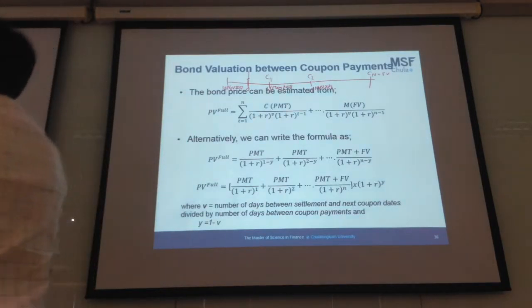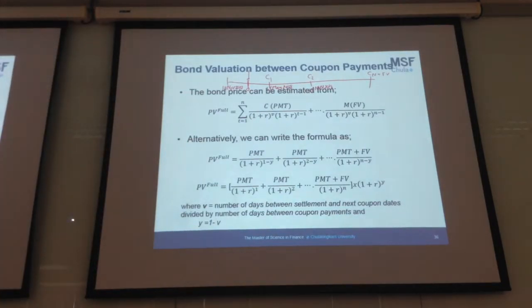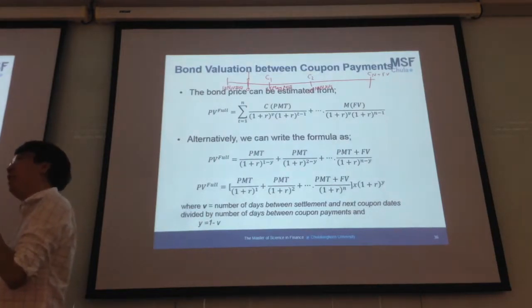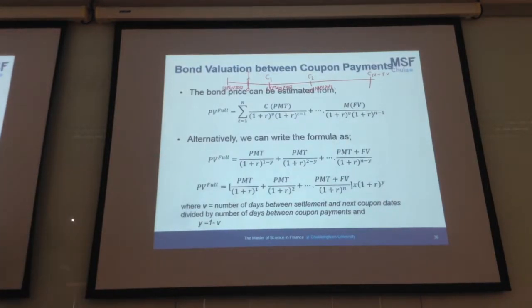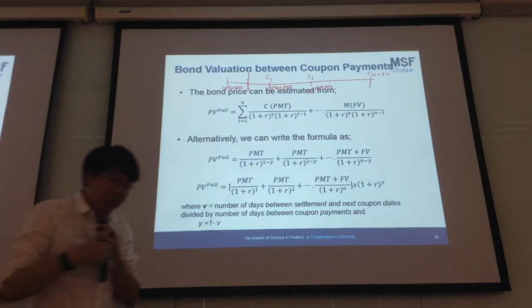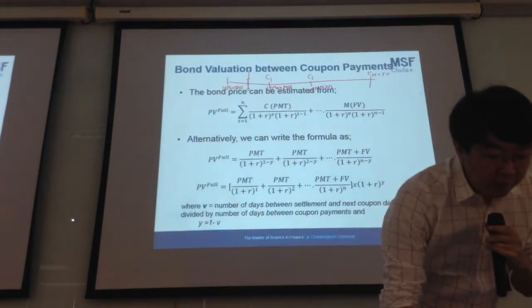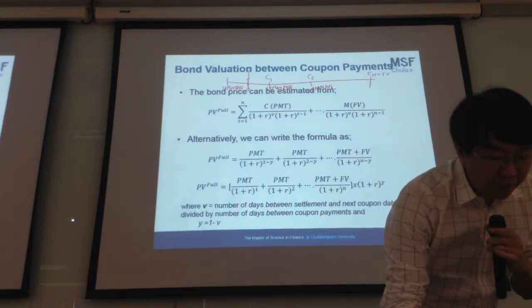When t equals 1, the exponent term t-1 is equal to 0, so that term becomes 1. So the first coupon payment is equal to C or PMT divided by (1 + r)^V. What is V? V is the proportion of time for the first coupon payment, which is equal to the number of days between the settlement date and the next coupon payment date, divided by the number of days in the coupon period.